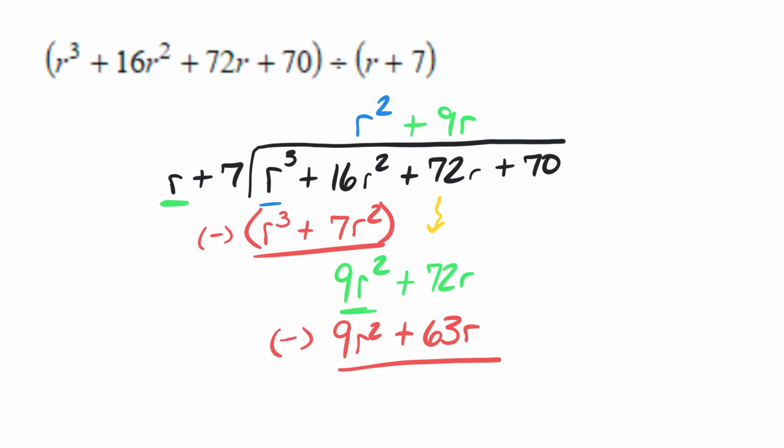Again, understood subtraction, put the parentheses to help you remember. So the R squareds do cancel. 72 minus 63 is 9R. And we are going to drop down the 70.